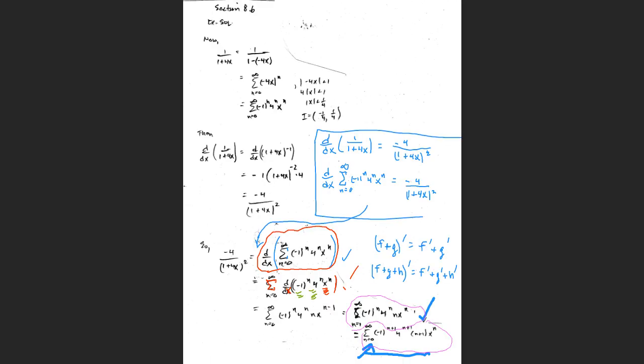So, here's where we're leaving off. Let's now finish this problem off. So what I'm going to do is take this function, x divided by 1 plus 4x quantity squared, and I'm going to write that as -4 divided by the quantity 1 plus 4x squared times -x over 4.